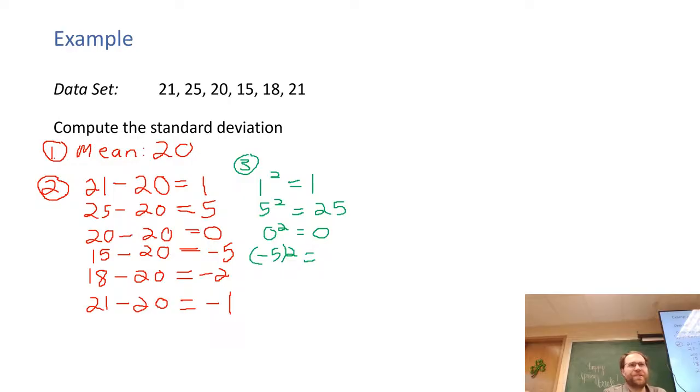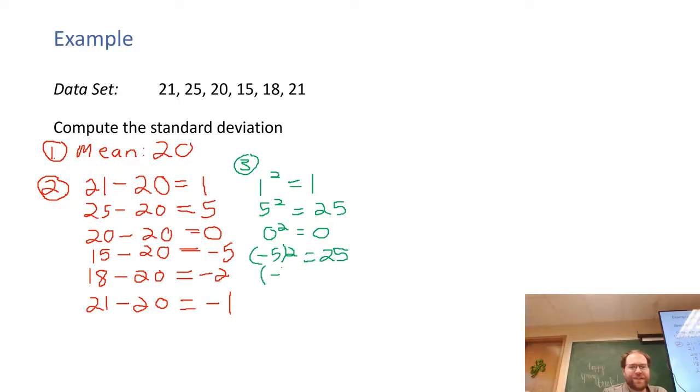When you're typing that in the calculator, make sure that you use parentheses around it. Not to give you flashbacks of your earlier days in math, but a negative times a negative is a positive.